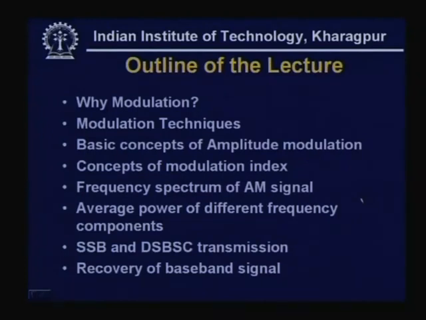Then there is a concept called modulation index, which will be introduced to you. Then we shall consider the frequency spectrum of the AM signal and the average power of different frequency components. Whenever a signal is amplitude modulated, it generates different frequency components, and we shall consider the average power of these components.